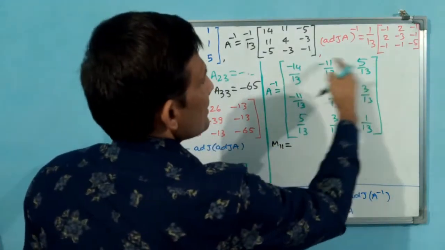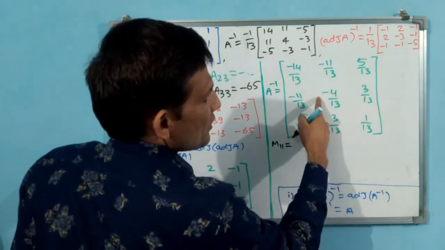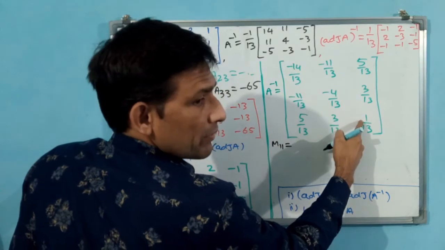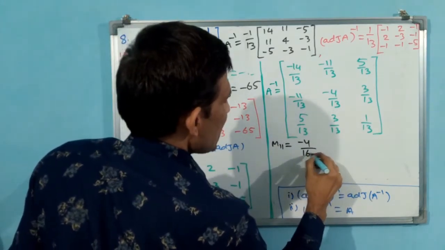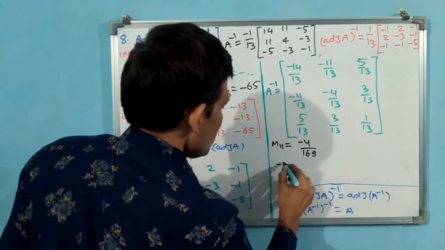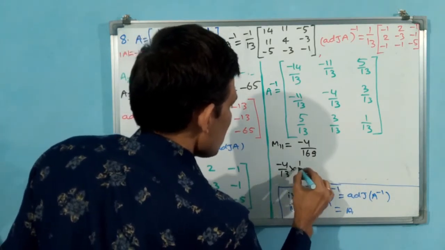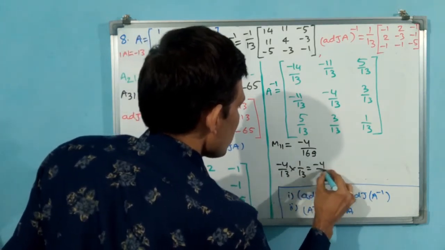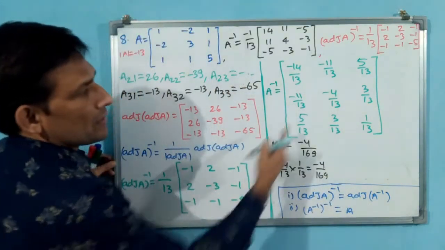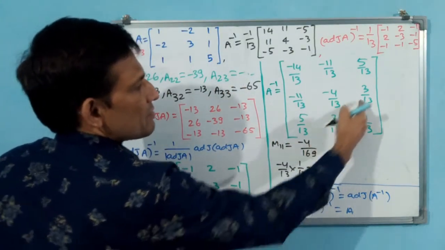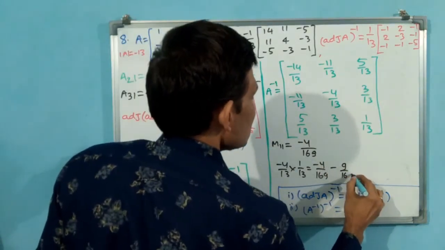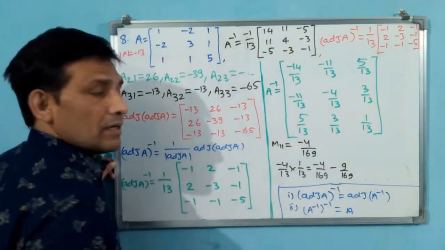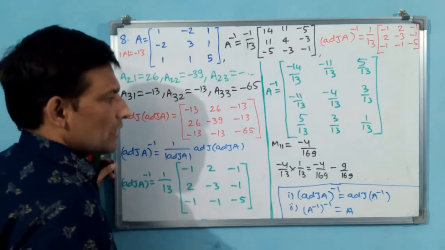If you close minus 14 by 13, you see minus 4 into 1, minus 4 by 13 into 1 by 13, that is equal to minus 4 by 169. AD minus BC: minus BC, 3 into 3, 9 by 169. You understand now?